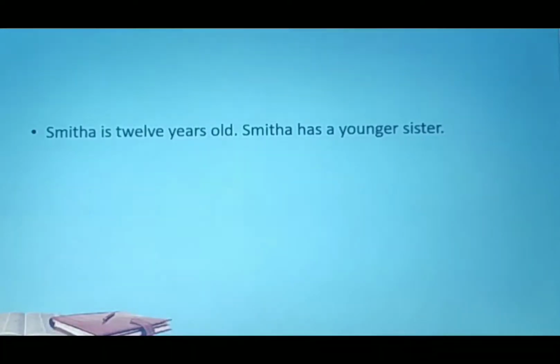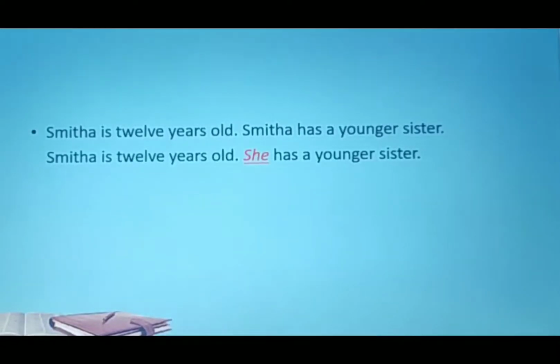Smita is a noun because it is the name of a person. Smita is a girl, so it is the name of a person. That is why Smita is a noun. Now, instead of using Smita in the second sentence, we can rewrite the same sentence using a pronoun.